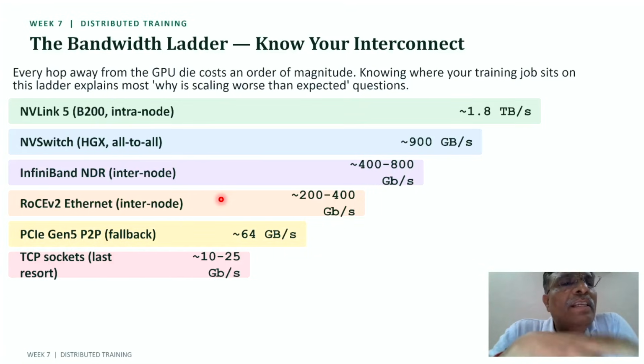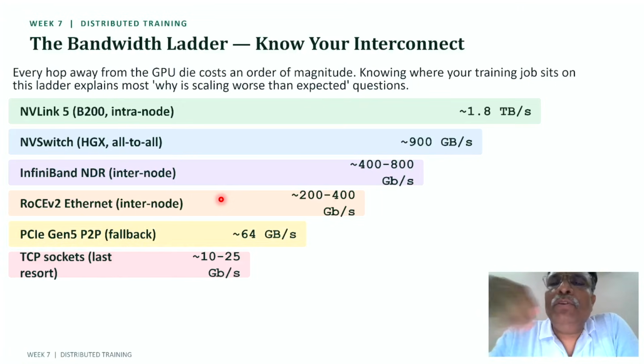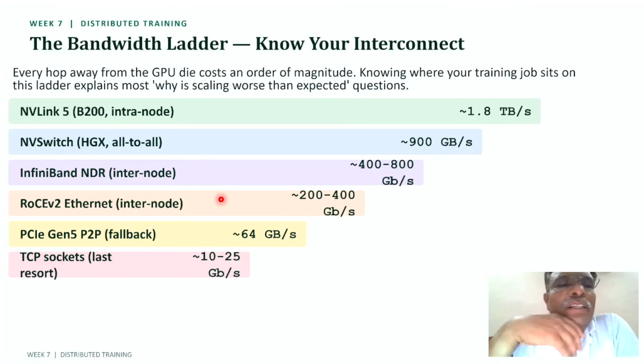The latest is NVLink 5, which is on B200, an intranode interconnect which gives you a speed of about 1.8 terabytes per second. And then you have NVSwitch, which is all-to-all communication in the DGX type of environment. It gives you about 900 GB per second. And then internode InfiniBand NDR is somewhere around 400 to 800 GB.